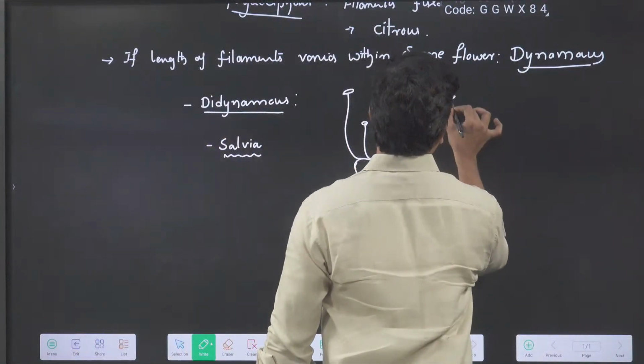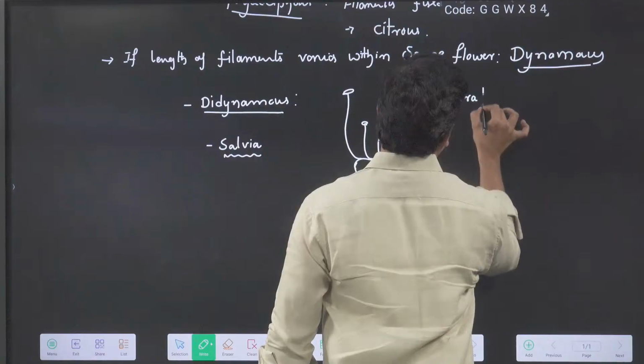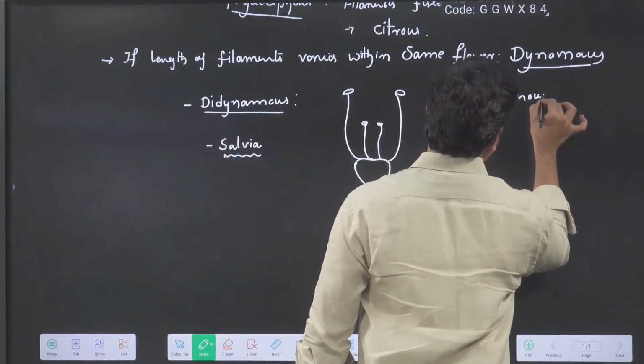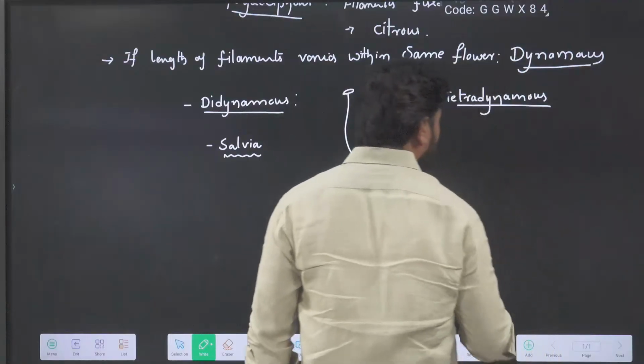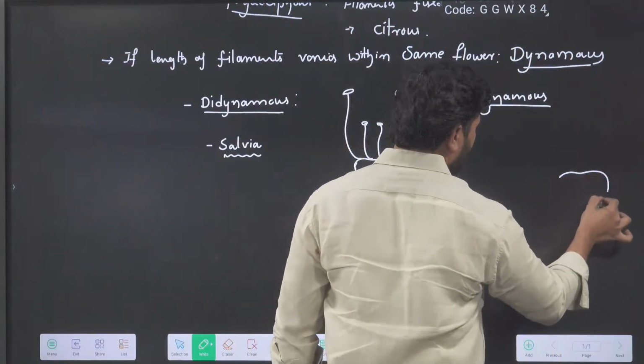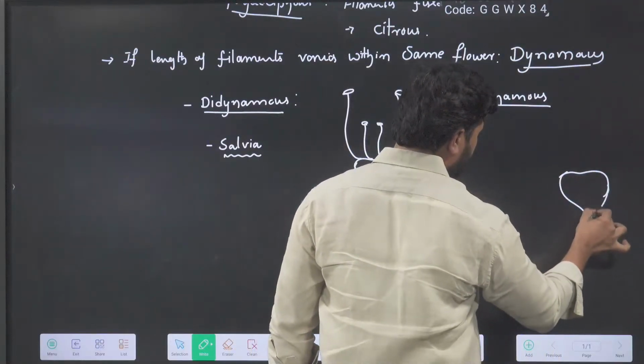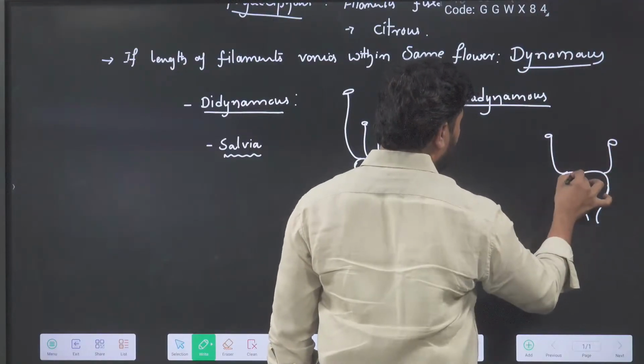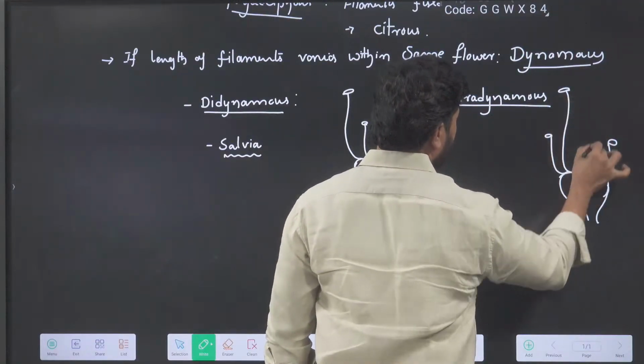Another feature is called tetradynamous nature. Tetradynamous. What happens in tetradynamous? The flower has six stamens. How many? Six.